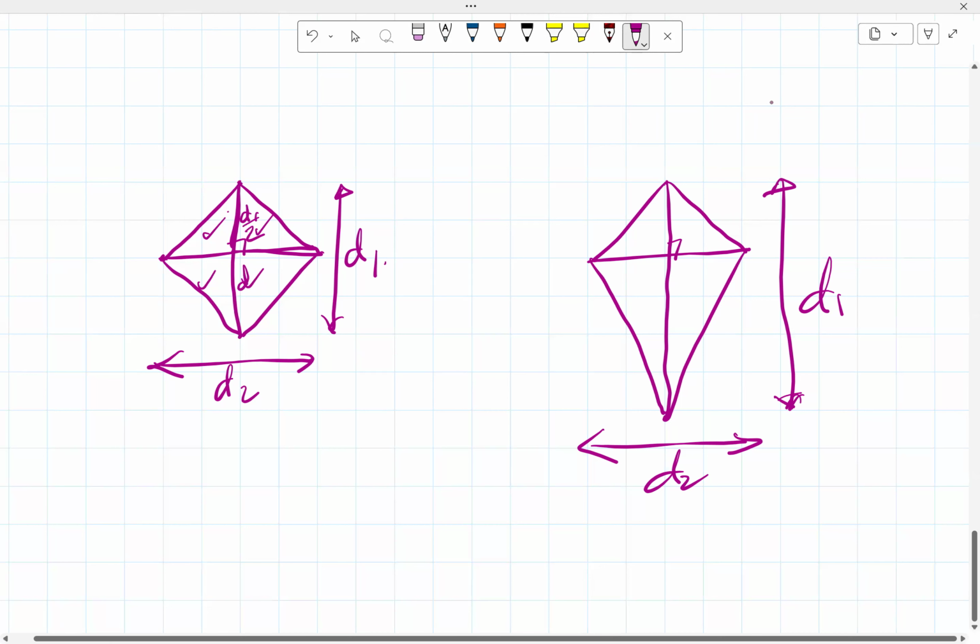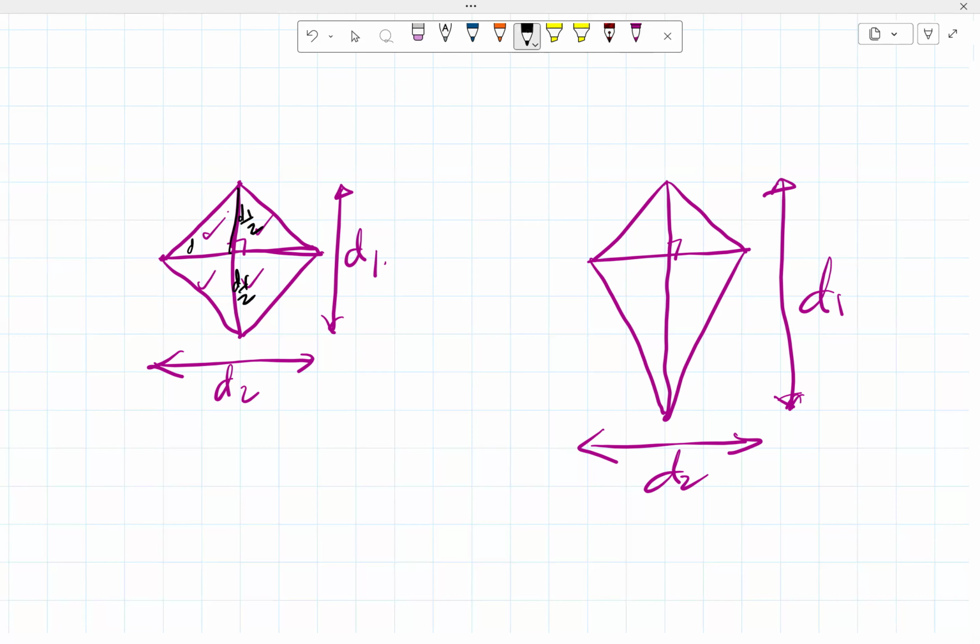Okay, I need to change my marker here to make things as clear as possible. So this length now is D1 over 2 because the diagonals bisect each other. So this is also D1 over 2. Here you have D2 over 2, and this is D2 over 2. Would that be D1 over 2 though?